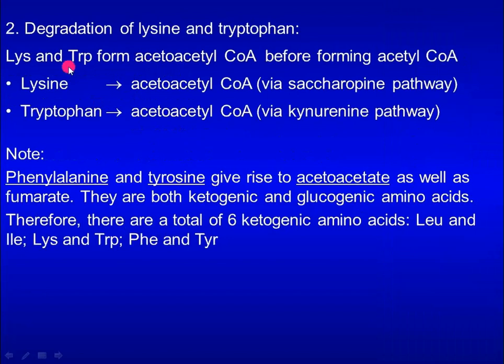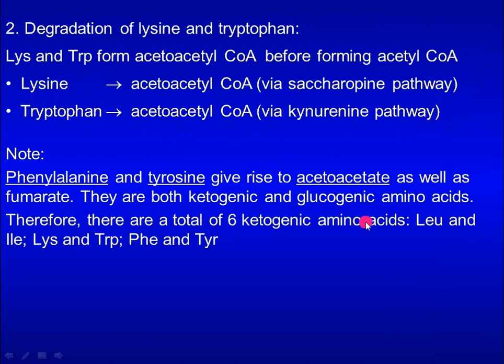Lysine and tryptophan form acetoacetyl-CoA before forming acetyl-CoA. Lysine degradation follows the saccharopine pathway. Tryptophan degradation follows the kynurenine pathway, as described earlier.